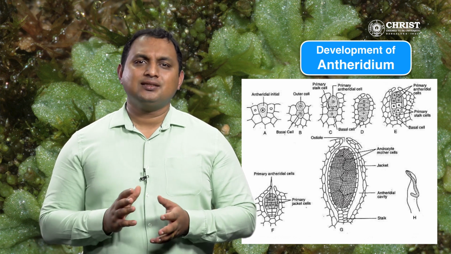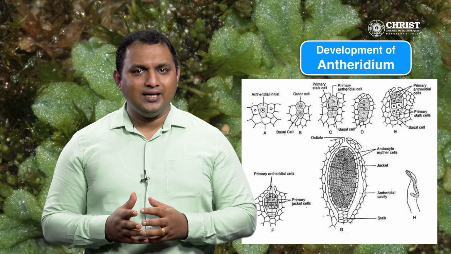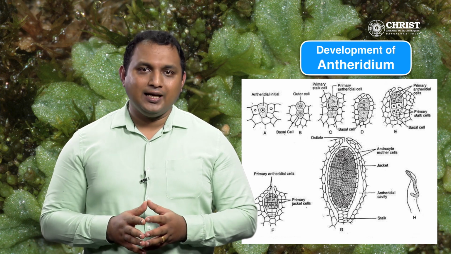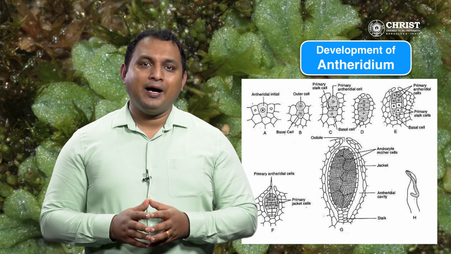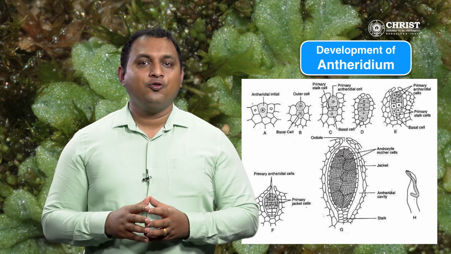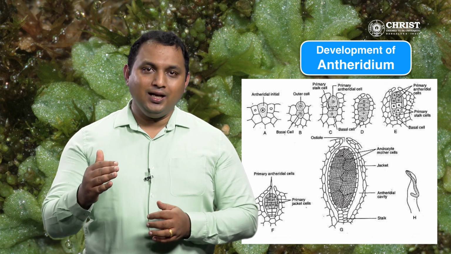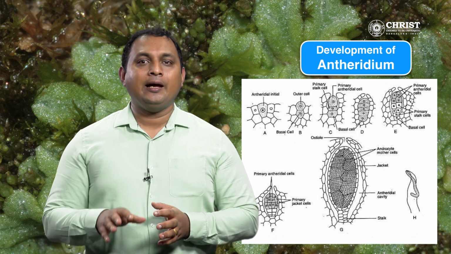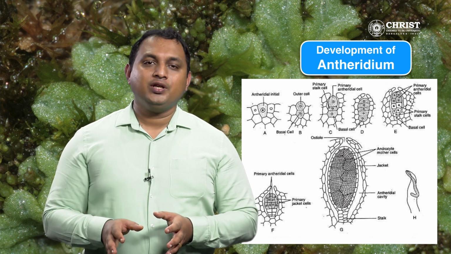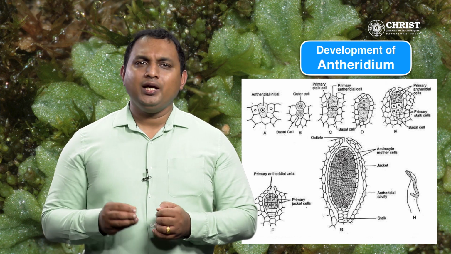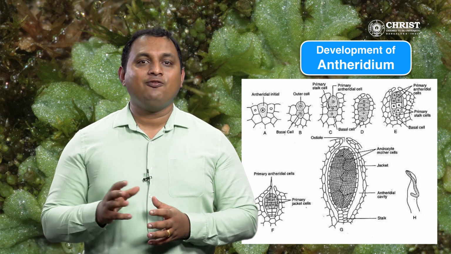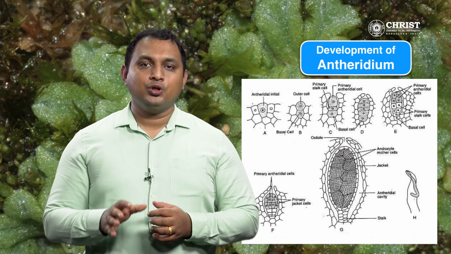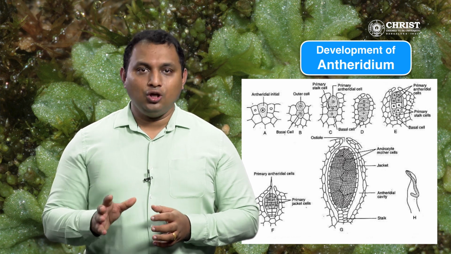The antheridial initial enlarges in size, becomes papillate and divides first by a transverse division to form an upper outer cell and a lower basal cell. The basal cell remains embedded in the tissue of the thallus, undergoes only a little further development and forms the embedded portion of the antheridial stalk.